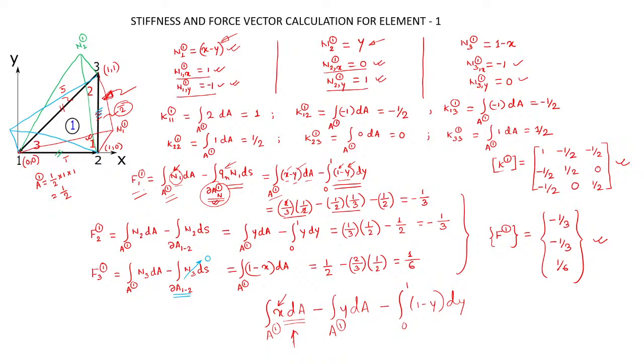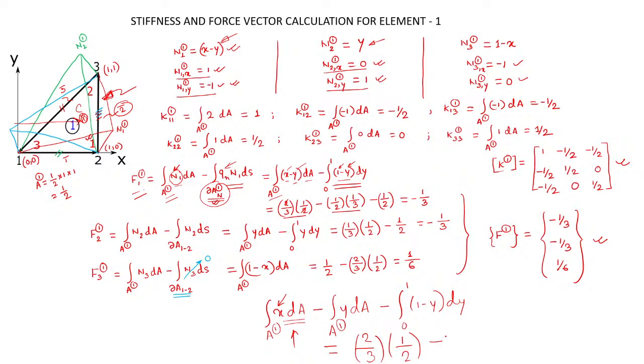So I have to locate the centroid C, find its distance from the y axis, and multiply by the area. For this triangle 1 2 3 the centroid distance is 2 by 3, and the area is half.